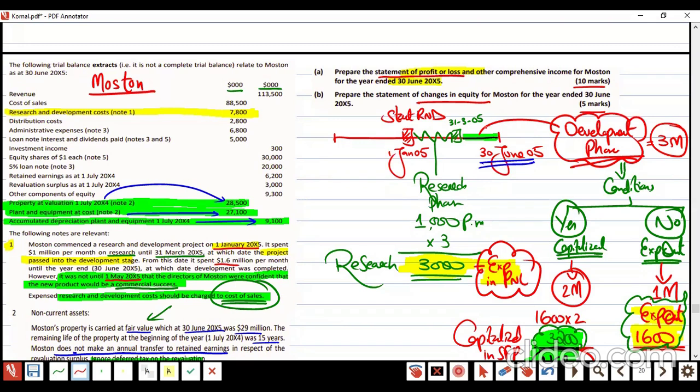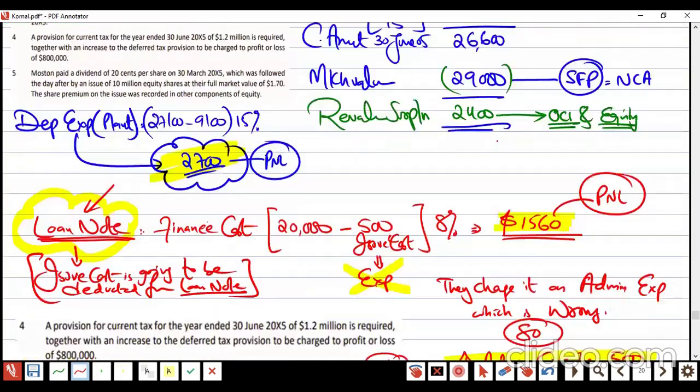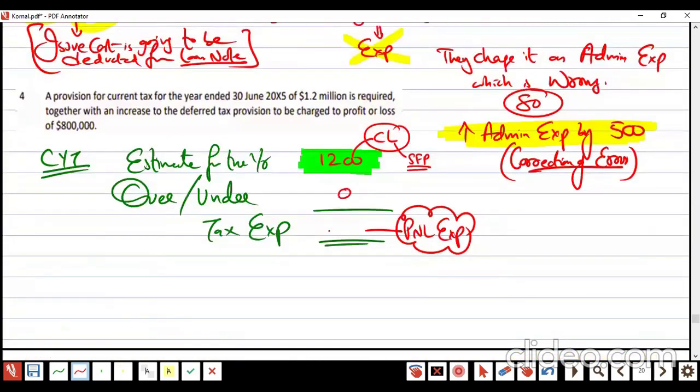Any taxation drama? No. Okay, so there is no over or under. So the estimate is going to be the expense for the year, right?